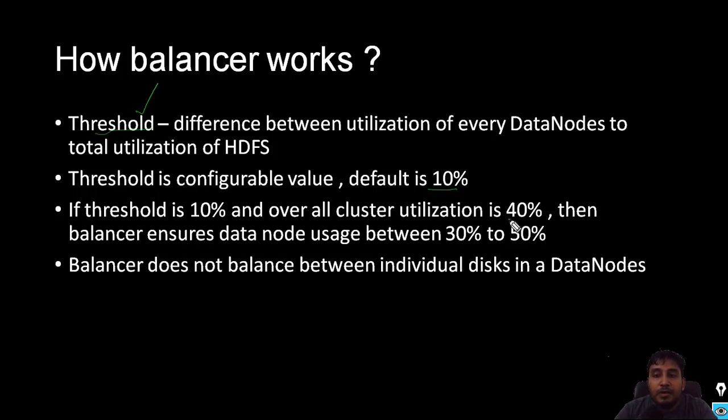Say for example, your total utilization is 40%. If you have 100T and you used 40T, this is the total or overall usage in your HDFS, that is 40%. So if your usage is 40%, that doesn't mean each data node in the cluster is uniformly 40%. It may not be like that.